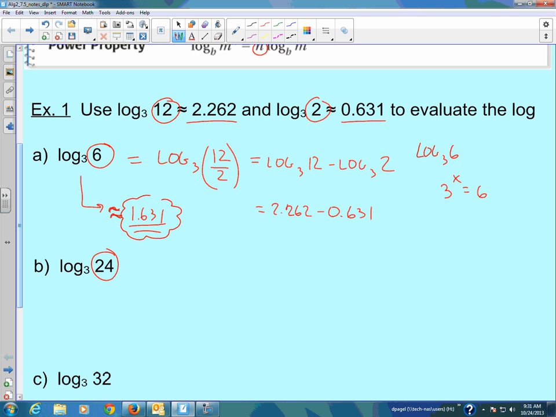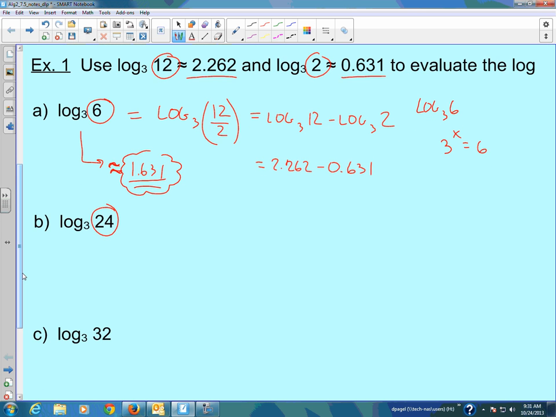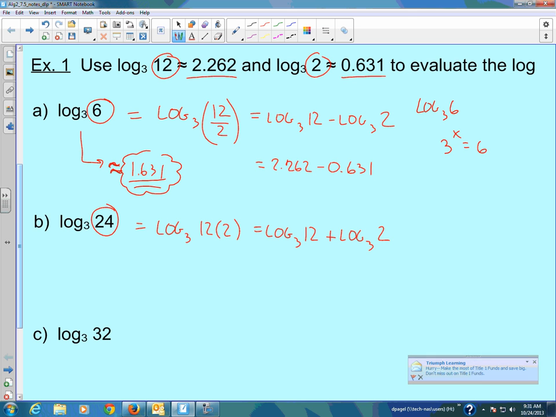How about a 24? How do we get a 24 out of a 12 and a 2? Well, again, that one looks pretty simple. This is a product now. And now that it's a product, it becomes the addition of two logs. Now we have 2.262 plus 0.631.